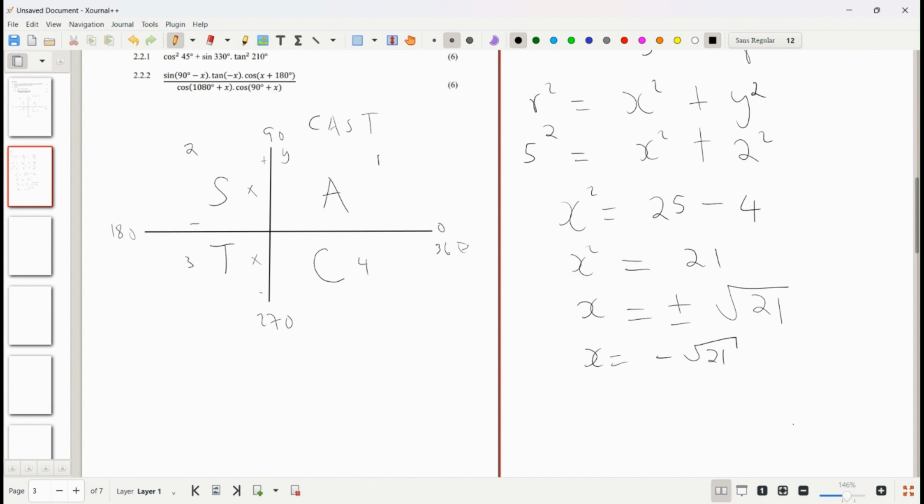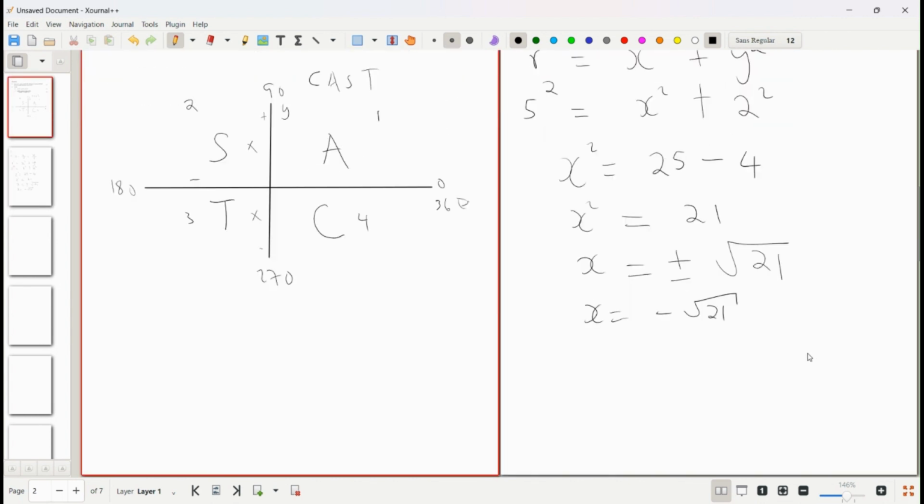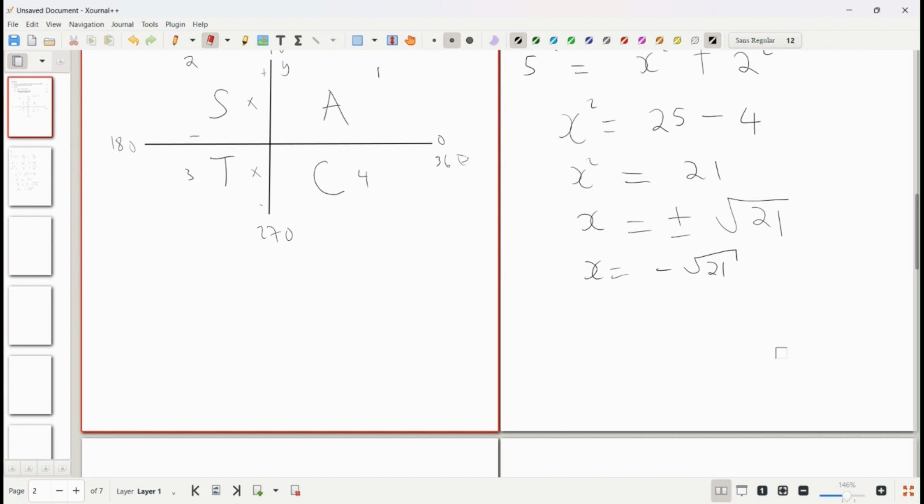Remember they asked us to calculate cos theta. What is our cos theta? We know that cos theta is the adjacent over the hypotenuse, right?